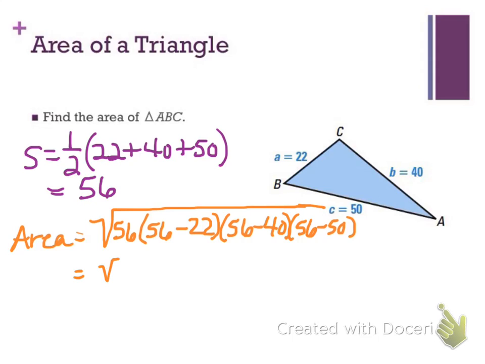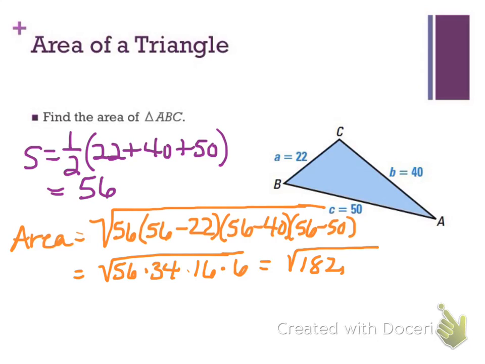Okay, so that means taking the square root of 56 times 34 times 16 times 6, or the square root of 182,784. So when I take the square root of that, I'm going to end up with an area of about 427.5, and since we don't have any units on this, it's just going to be square units.